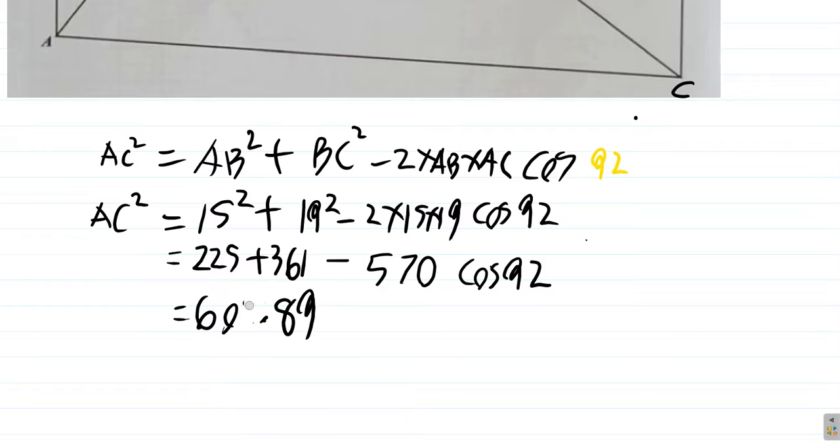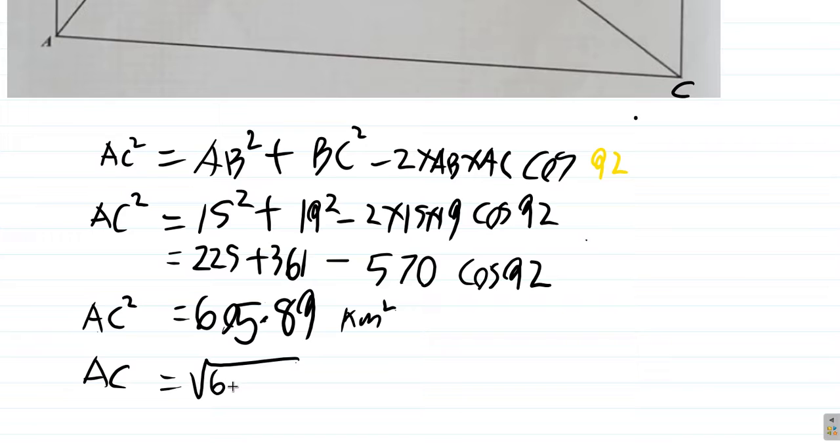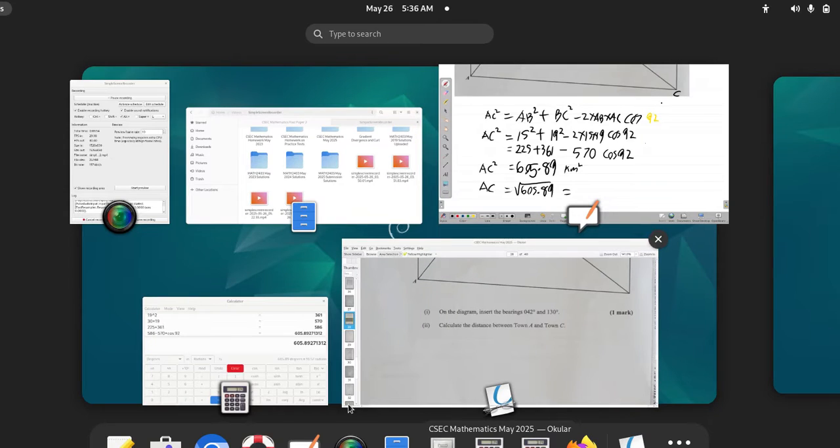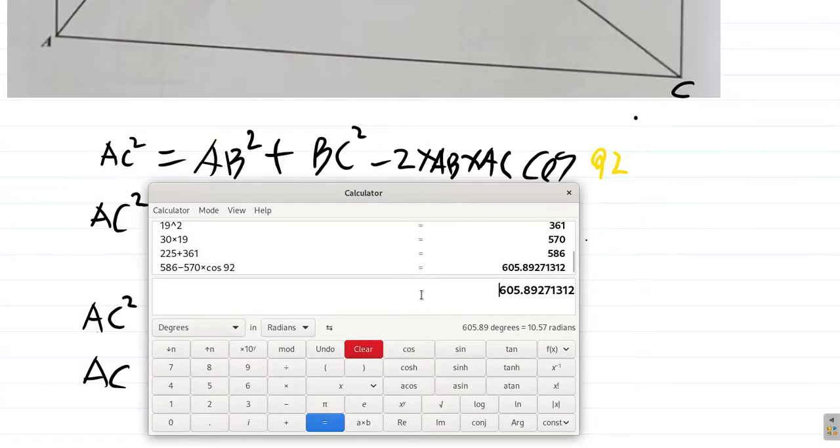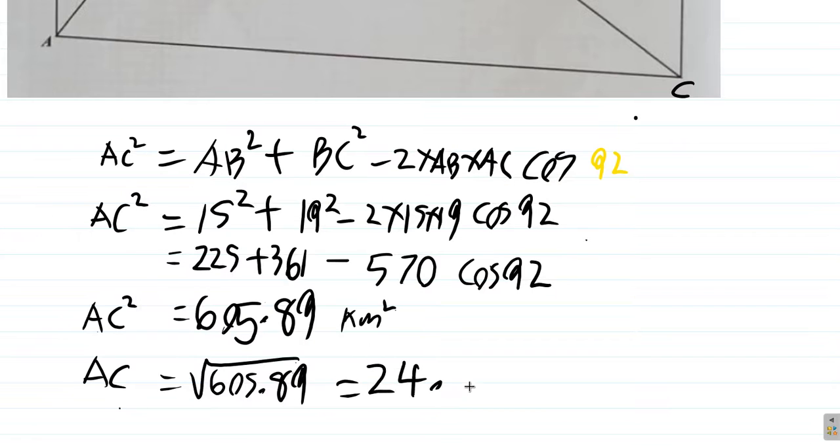Let me write this properly. 605.89. This would be kilometers squared, because what we have is AC squared. We need AC. So AC is the square root of 605.89, which is 24.61 kilometers. All right.